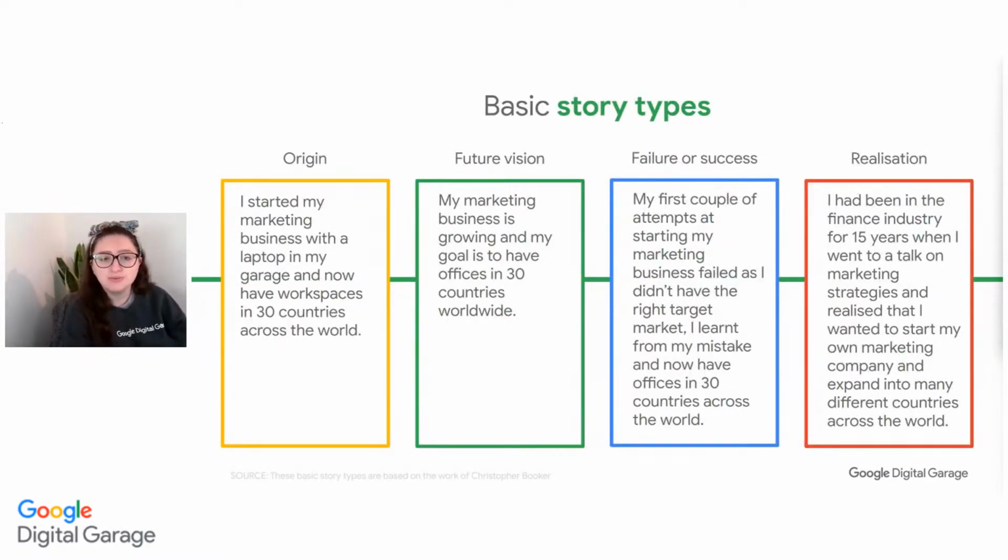Now, what I want to introduce to you are 4 basic story types that you could use when you're creating that presentation. Now, we've got an origin story, and I'll read some of these out as an example. So, origin story. I started my marketing business with a laptop in my garage and now have workspaces in 30 countries across the world. Loads of inventions, that kind of startup business that has done well, digital businesses maybe as well, have an origin story.